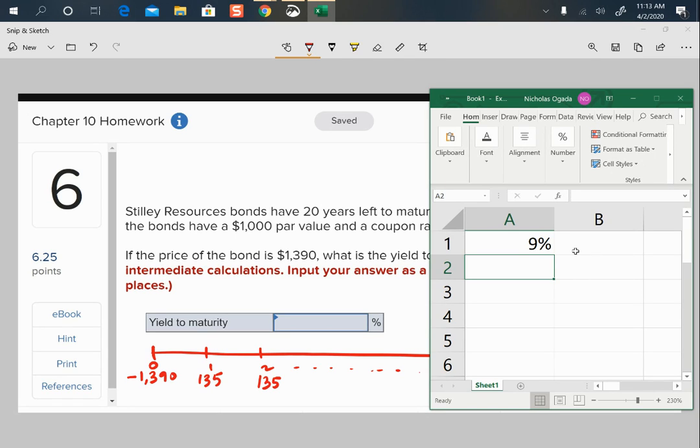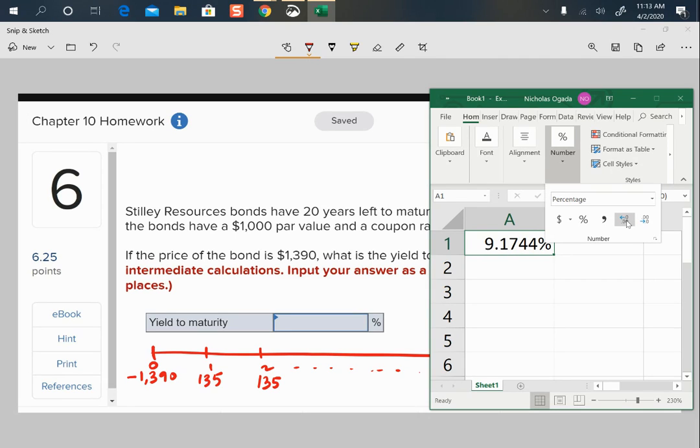But for accuracy purposes, what I always advise, because the question is asking us to enter our values to two decimal places, is to increase your decimal places from 1 to maybe 3 or 4 decimal places.